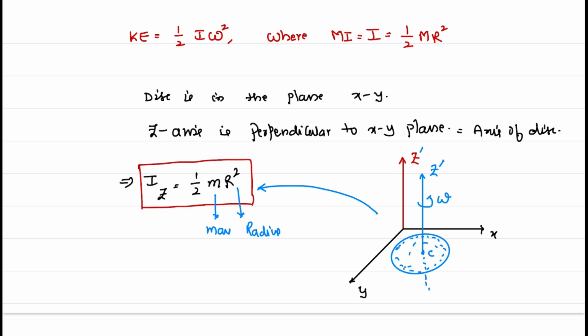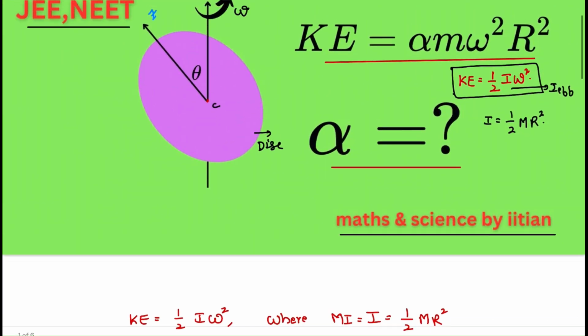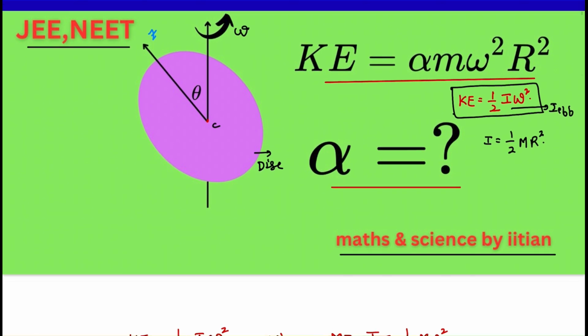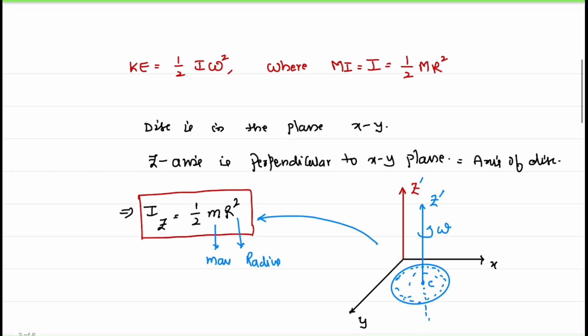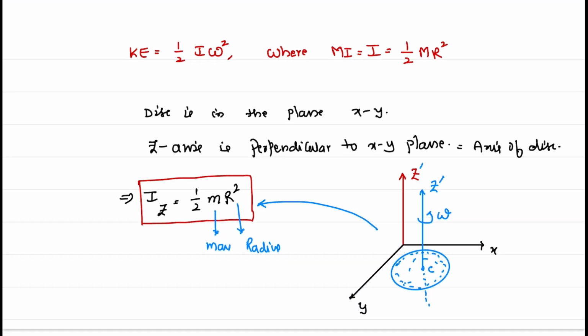There is only a translation. There is no rotation of the axis. But in the example given, there is a rotation in the axis by an angle of 30 degrees. When there is a rotation in the axis itself, then what happens to the moment of inertia of the rigid body? That's what we have to find out. This concept you should make very clear.